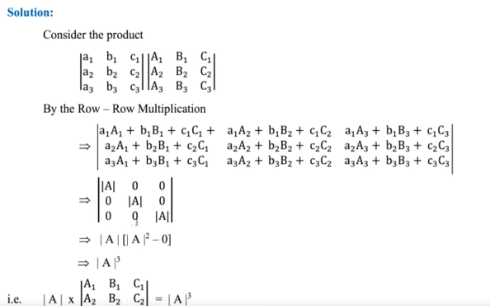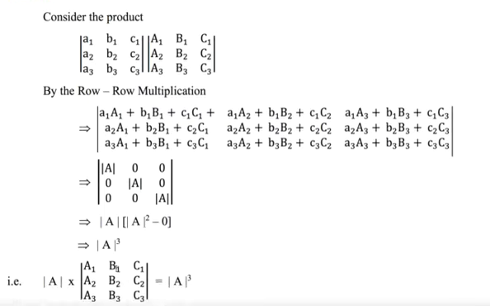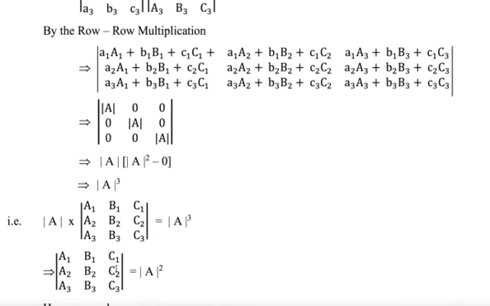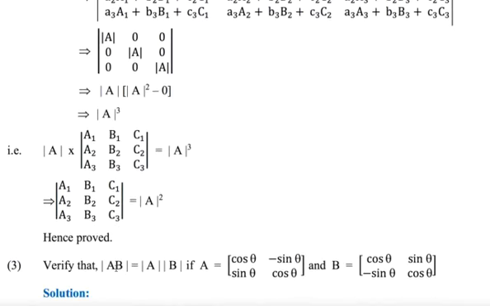So these will become 0. Mod of this is delta, delta squared, delta cubed. So this is delta squared.